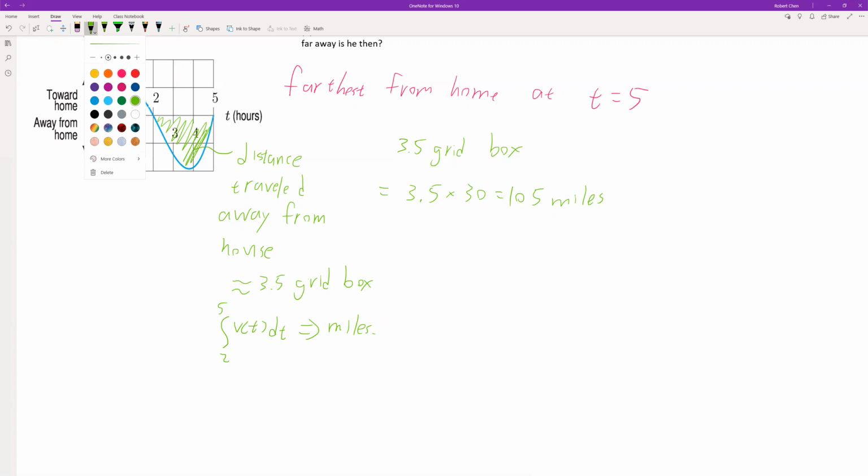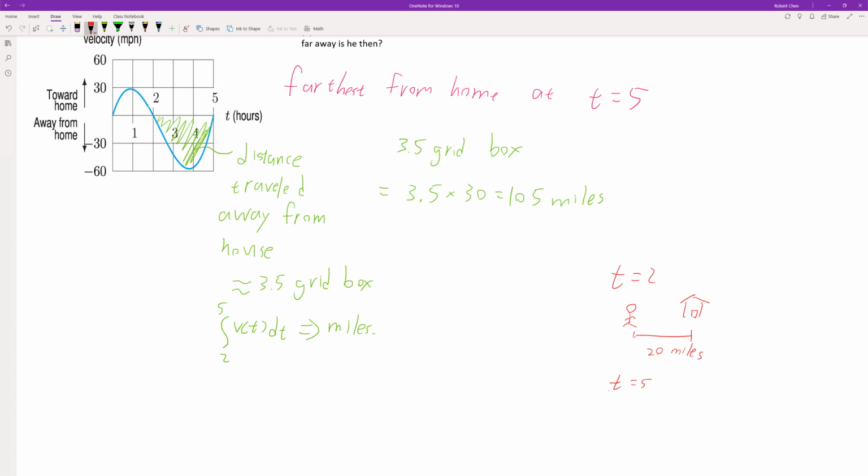Okay, so let's draw a quick picture. Let's say he is now 20 miles from the house, at t equal to 2. And from t equal to 2 to t equal to 5, he has now traveled 105 miles in the other direction, away from the house, compared to where he was at t equal to 2.